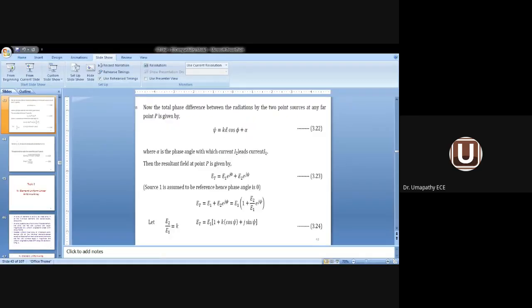So any difficulty in this topic, you can put it in the chat box. Any difficulty in this topic, the 2-point array source? If you have any doubt or clarification, you can ask me.